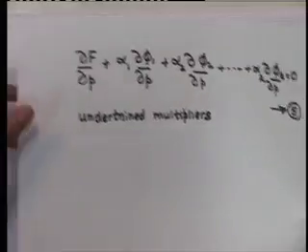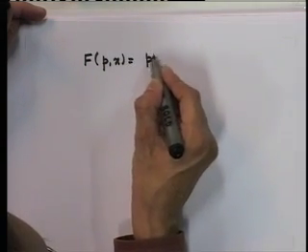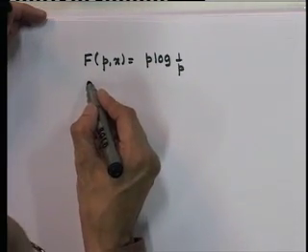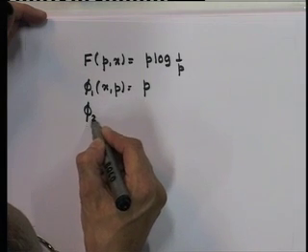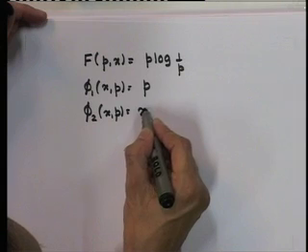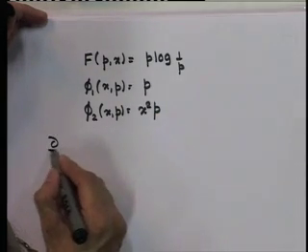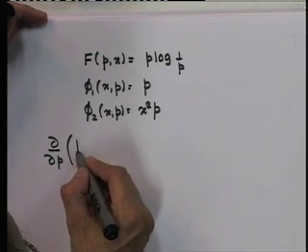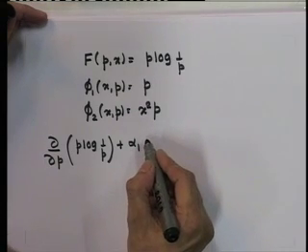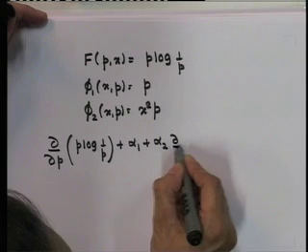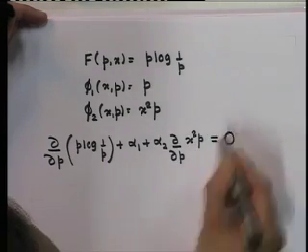So, in the present case, we have f of P is equal to P log 1 by P, phi 1 function is equal to P, and phi 2 function is equal to x squared P. Hence, the solution for P is given by the partial derivative of P log 1 by P with respect to P, plus alpha 1, plus alpha 2 times the partial derivative of x squared P, equated to 0.